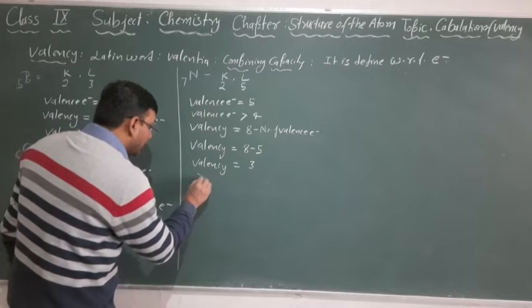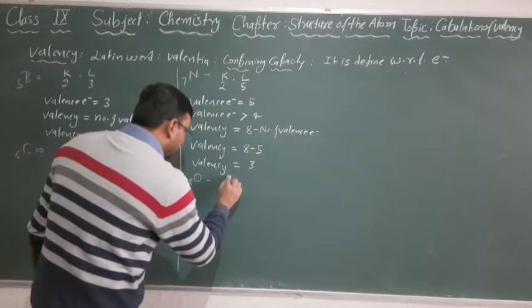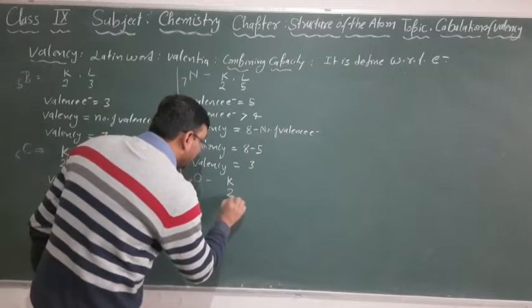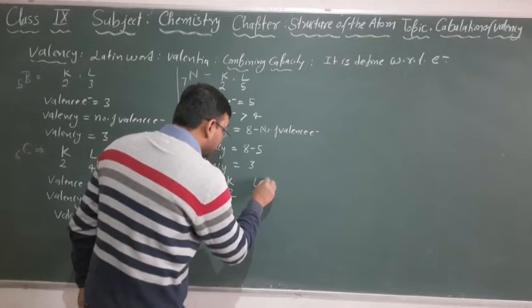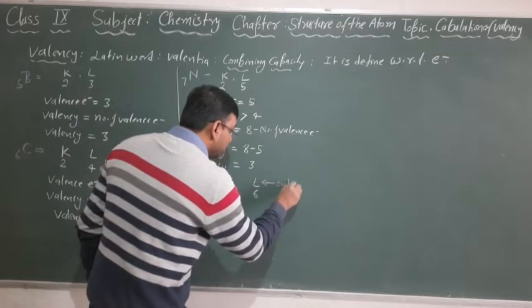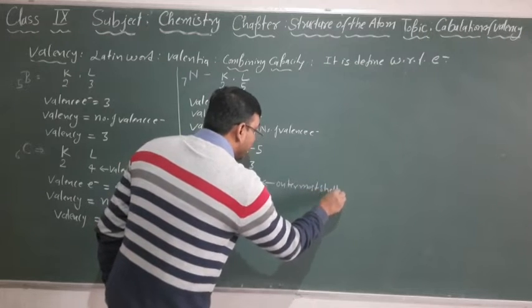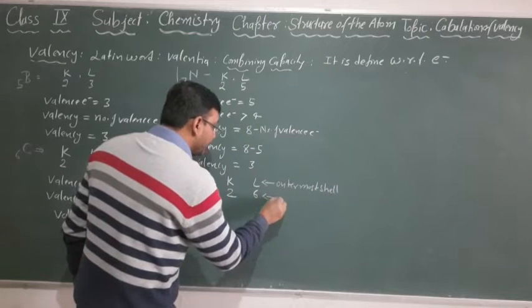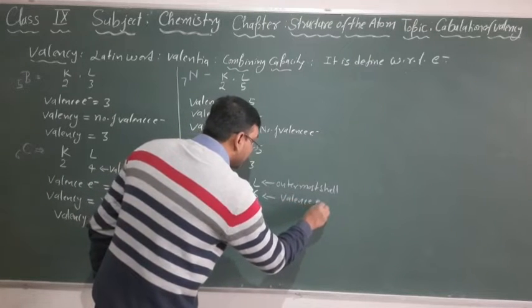Then oxygen 8, K cell 2 electrons, L cell 6 electrons. So from here this is the outermost cell, and the number of electrons present in the outermost cell is the valence electrons.